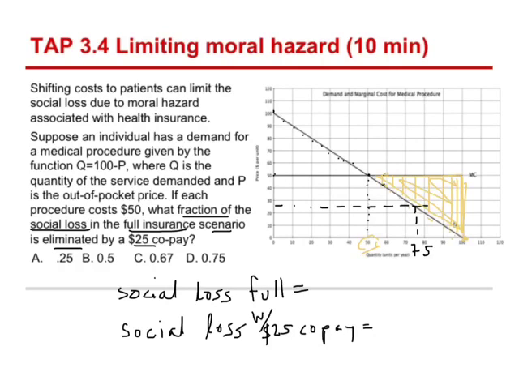Well, what is that area? Remember that the area of a triangle is 1/2 times base times height, and we have a triangle that's 50 units high, 50 units wide. So 1/2 times 50 times 50.